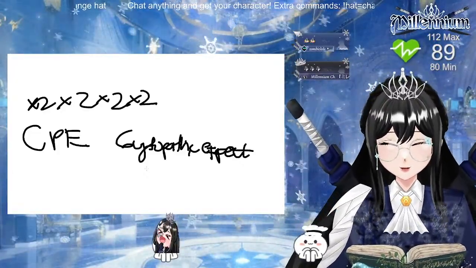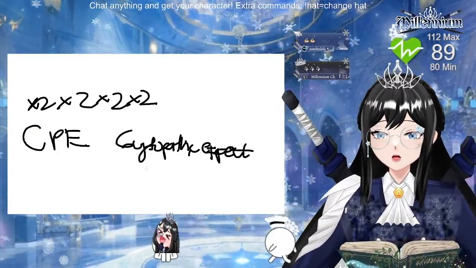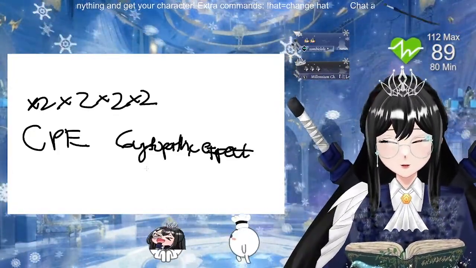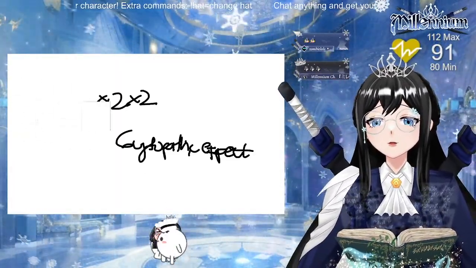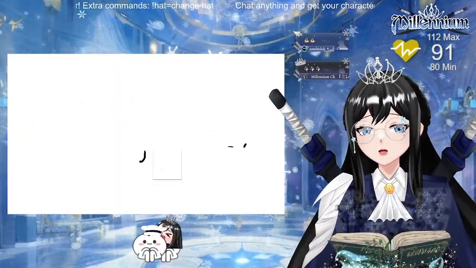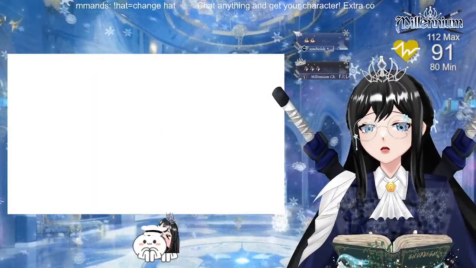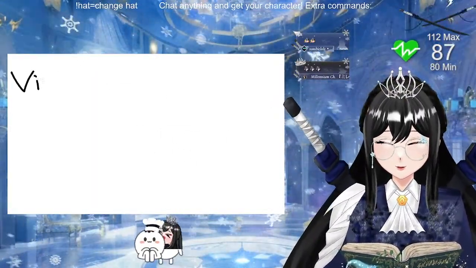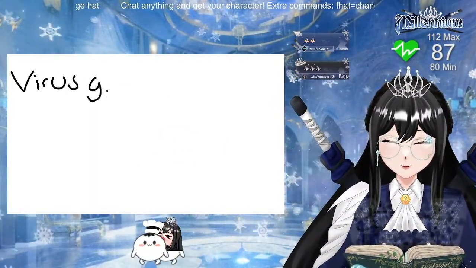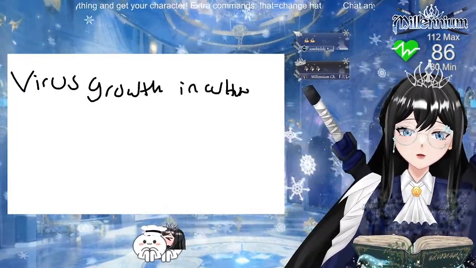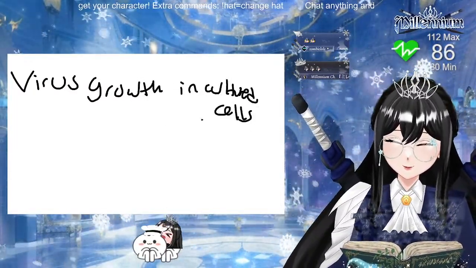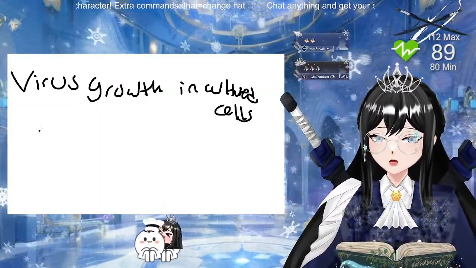Okay, next, virus growth in cultured cells. This one would be kinetics, okay, because it could be 1 step, it could be 2 step. So you have virus growth in cultured cells and 2 types of infection condition.